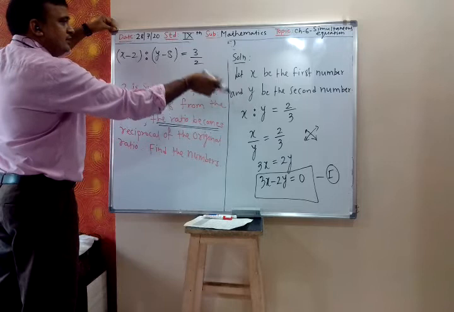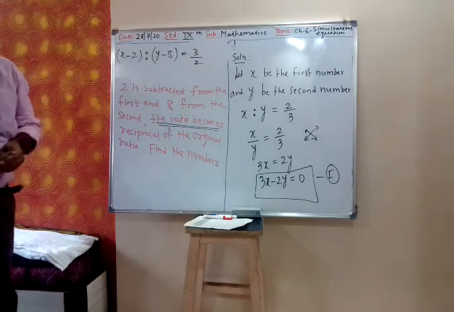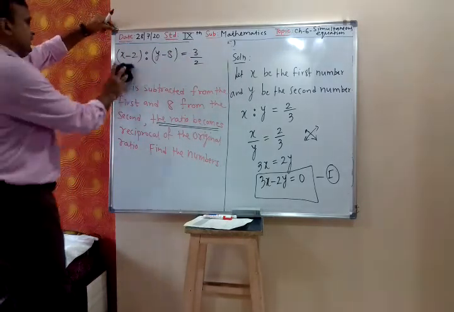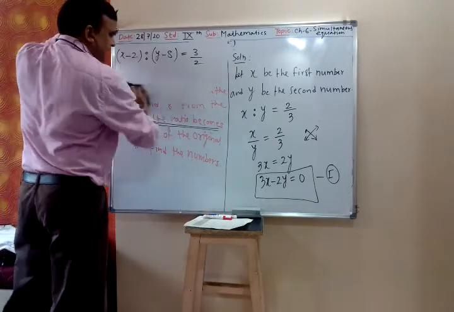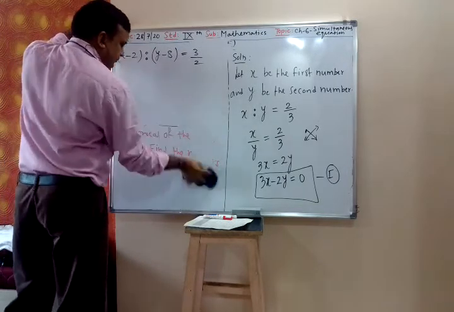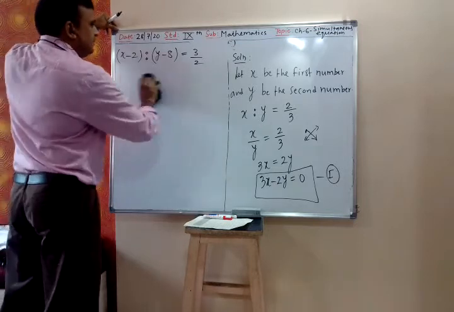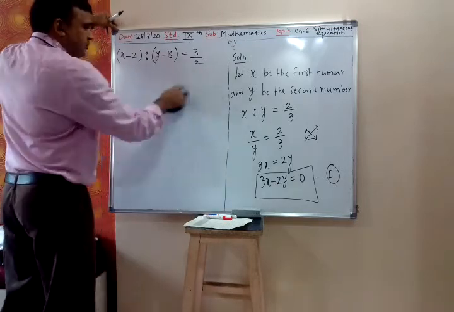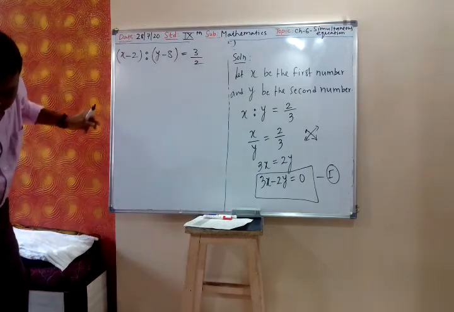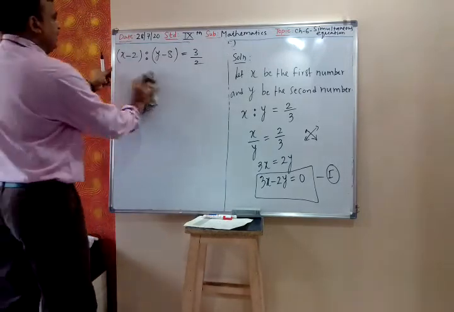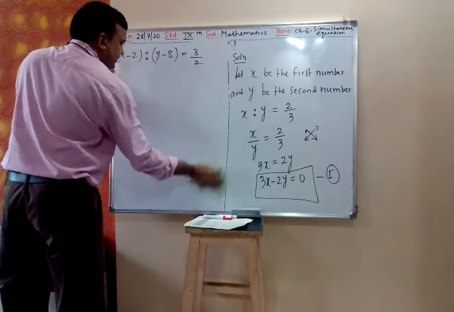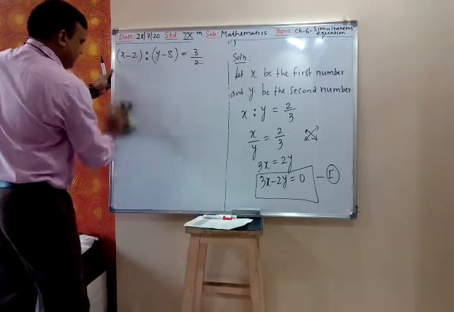Original is 2 upon 3, reciprocal is 3 upon 2. Is it clear? Now we solve this. A ratio B means A upon B. This you remember. A ratio B means A upon B, or A upon B means A ratio B. You can write in any form.